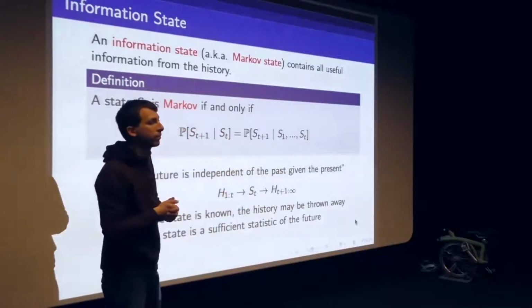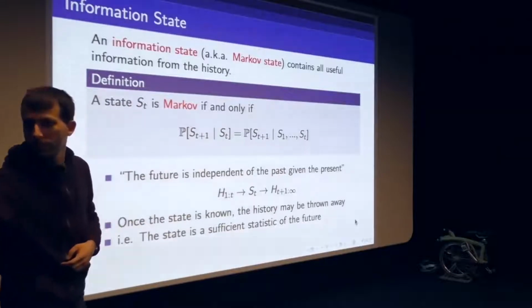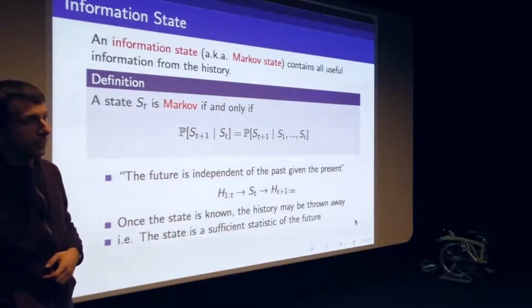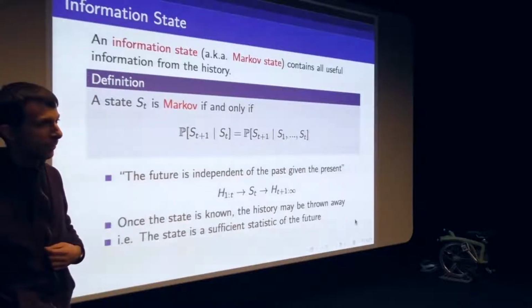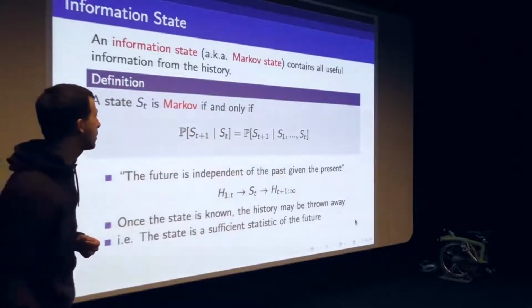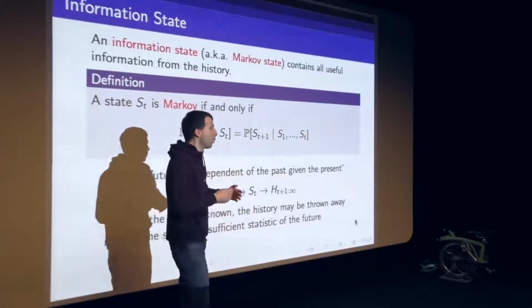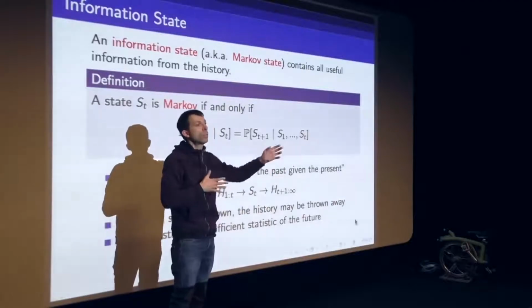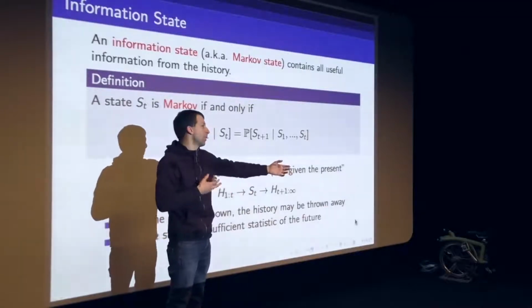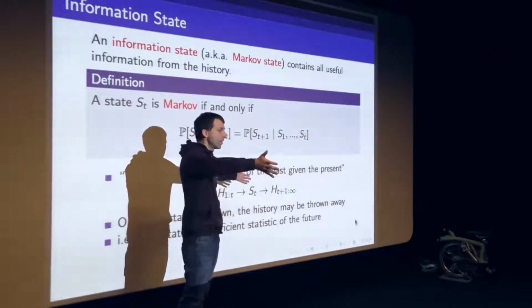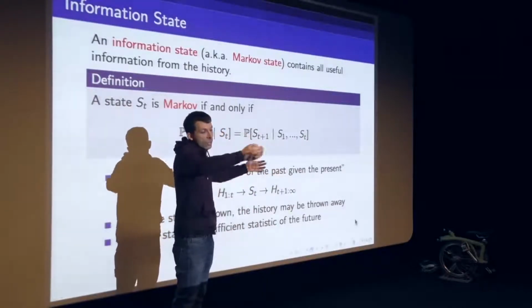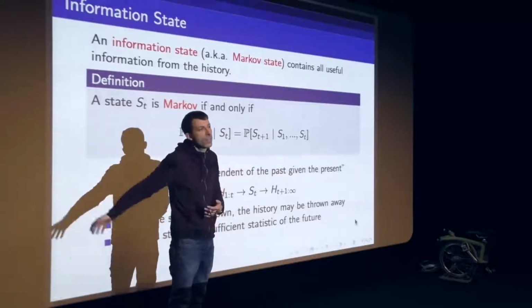Yeah, question? I think you said at the beginning that the reward comes many time steps after the observation and the action. So how does that reconcile with the fact that you're throwing everything away except the previous time step? That's fine. All we're saying here is that everything we can say about how this environment is going to evolve, the distribution of events that might happen to us, conditioned on this state is the same as if we conditioned on the full history.